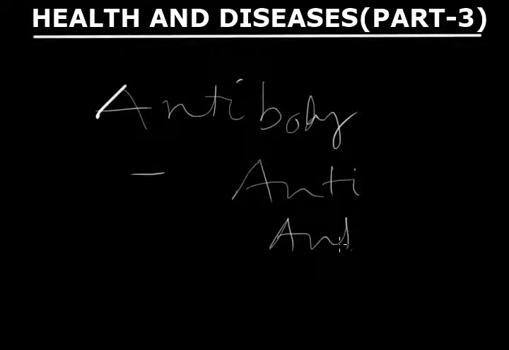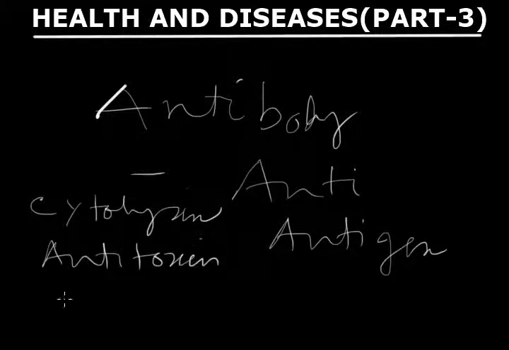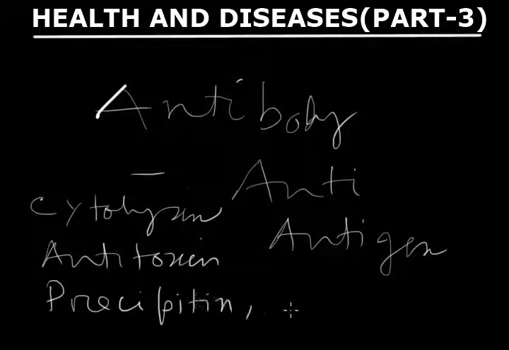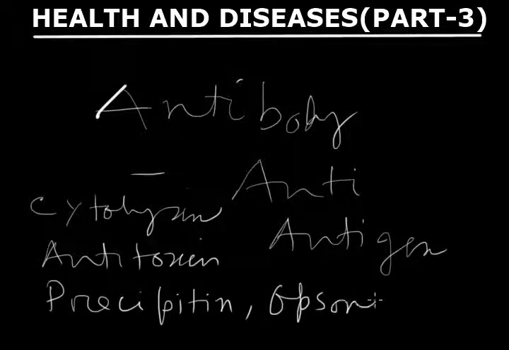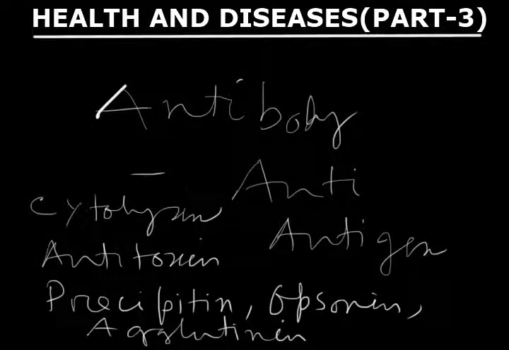So whenever we are making the categories of antibody, they may be of different types, such as cytolysin, such as antitoxin, such as precipitin, opsonin, even agglutinin.